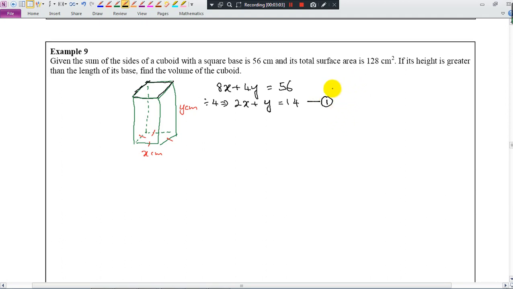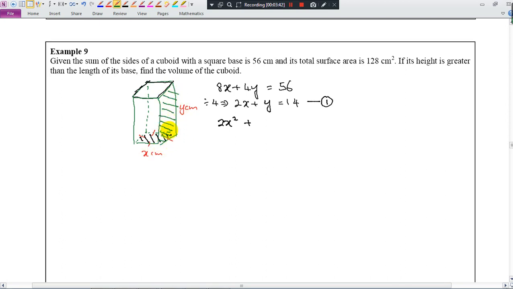Okay, now we are going to form the second equation. The total surface area is 128 square centimeters. So you have to think, how do we find the total surface area for this cuboid? The base here will be equal to x times x, which is x squared. So here another x squared. Total up, we have 2x squared plus, okay, how do you get the area for this surface? x times y, right?